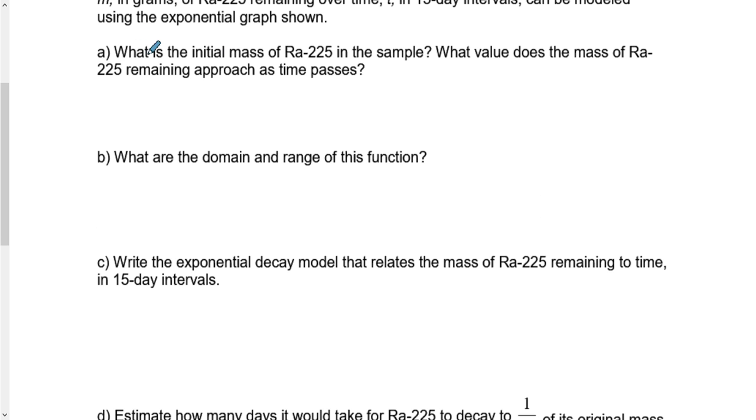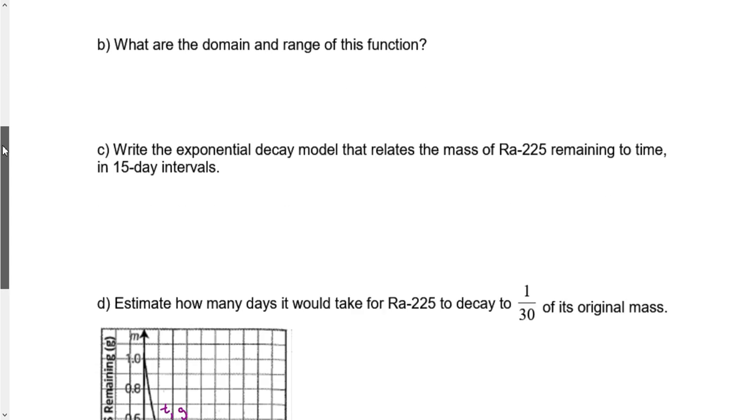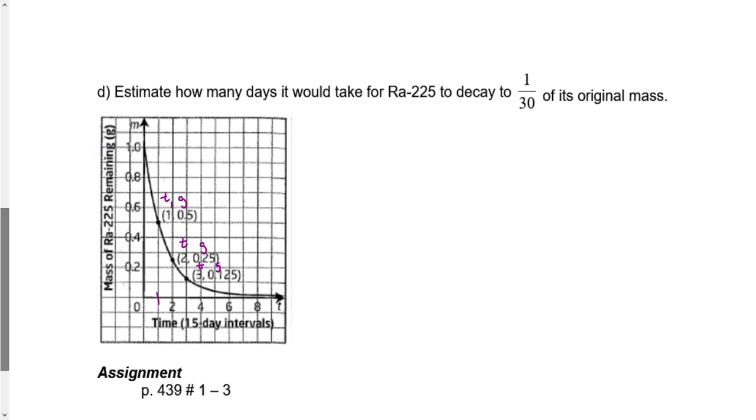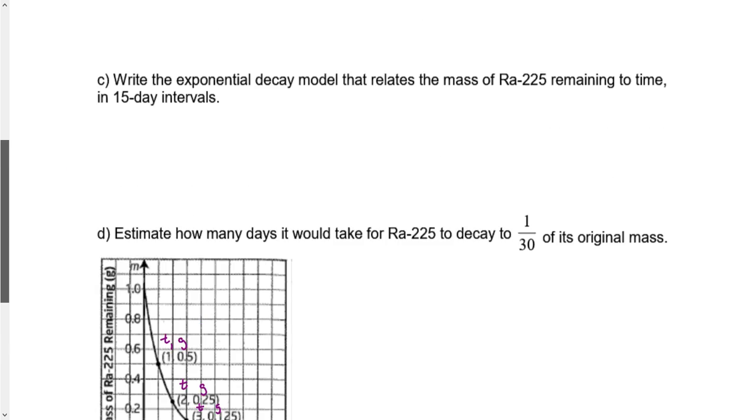The first question is, what is the initial mass of radium-225 in the sample? And what value does the mass of radium-225 remaining approach as time passes? So the first question is asking, what is the initial mass? Well, initial mass is asking, when has no time progressed? So when our time is 0, we can see that the mass is at 1.0 grams.